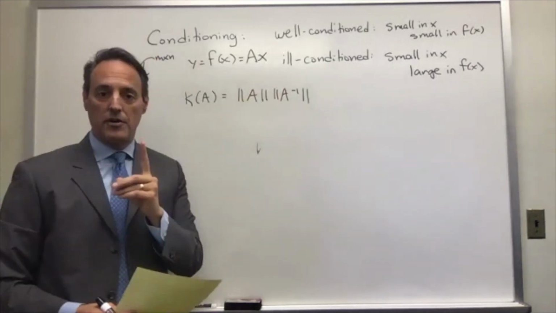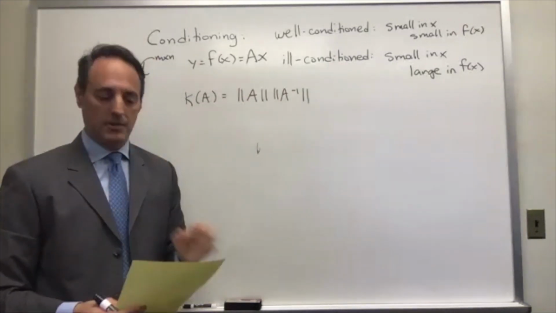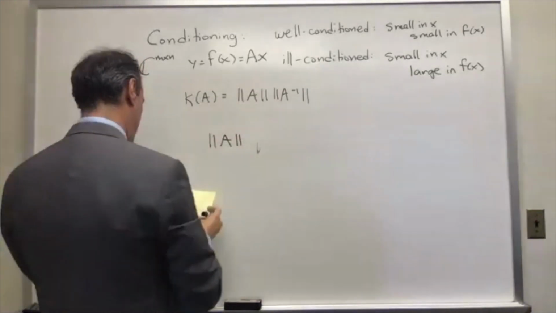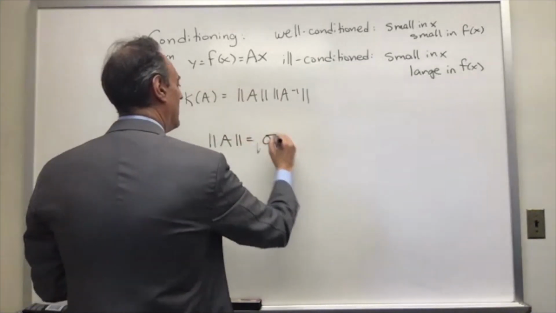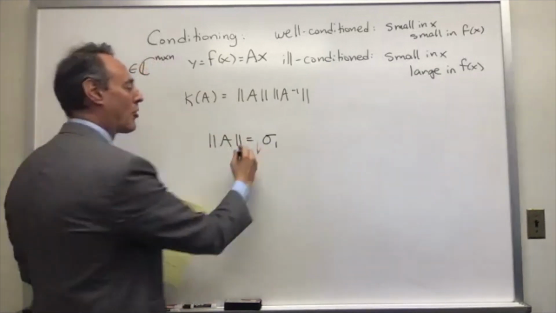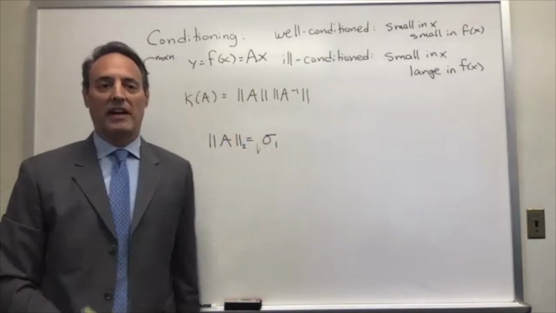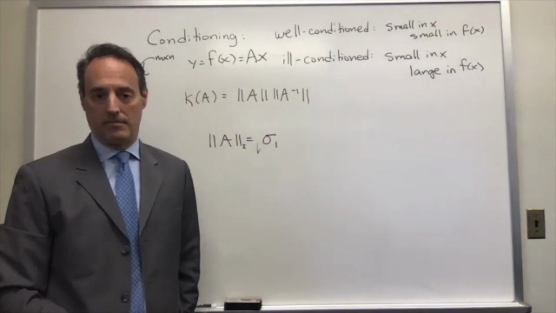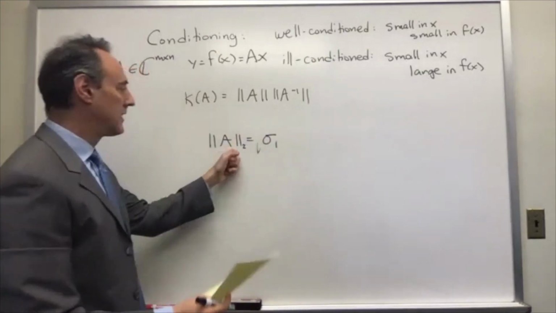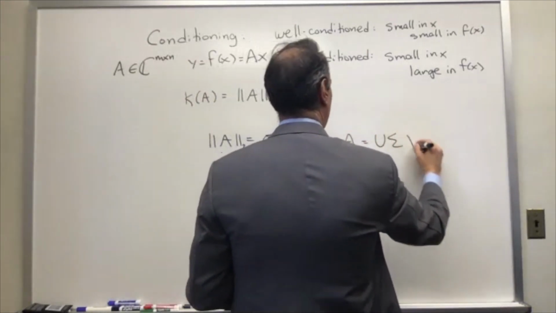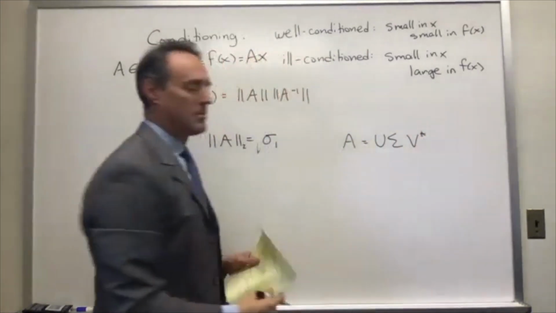One of the things we learned in the SVD lectures is that the norm of a matrix, that's the 2 norm, by the way, is equal to the largest singular value. By the way, how do you get this? Well, A is equal to the singular value decomposition, right?